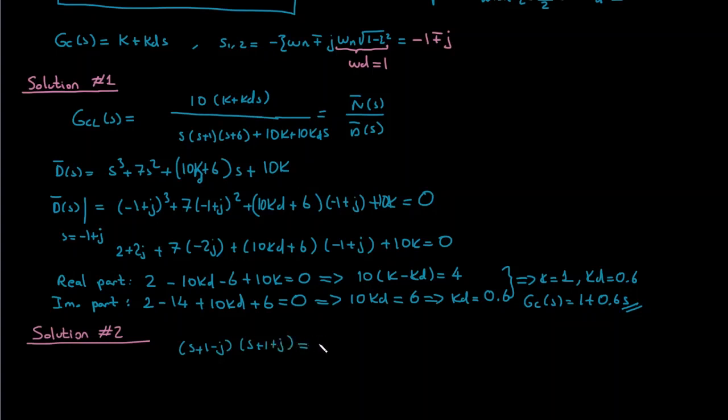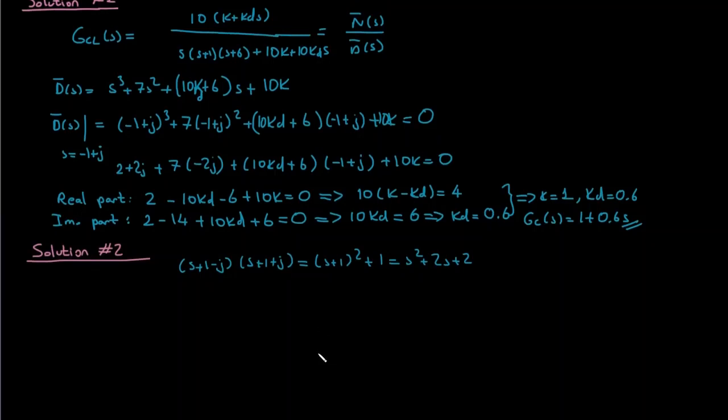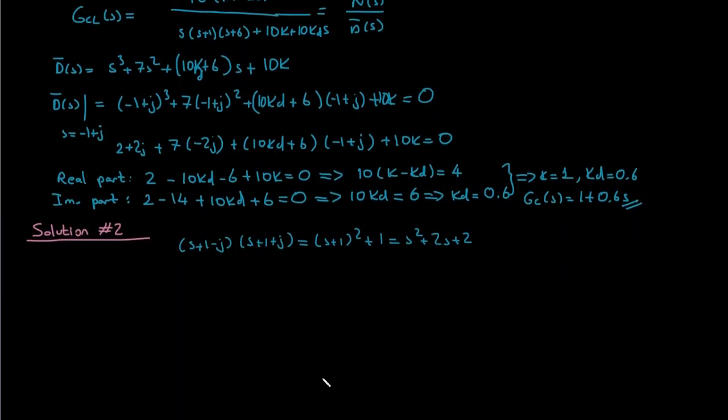That would be simply equal to s plus 1 squared plus 1. So that is equal to s squared plus 2s plus 2. Okay. And next thing is that I know d bar of s should have roots over here, so I can make a polynomial division. So let me do that.